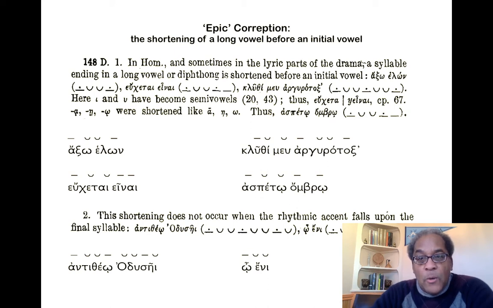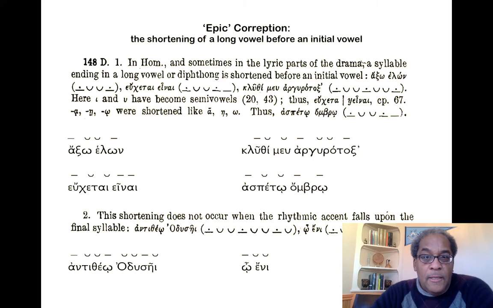And aspetoi ombroi, an extremely loud uproar: again, the omega becomes short before the omicron.